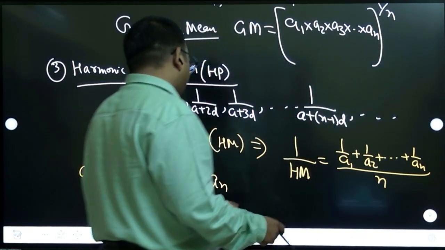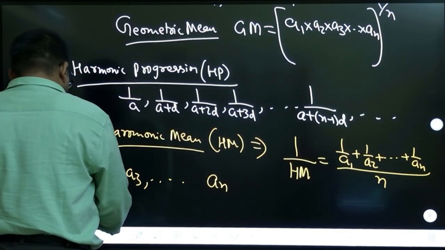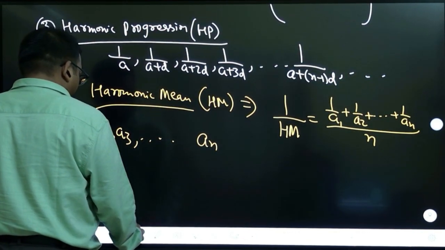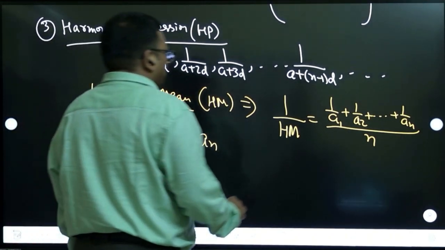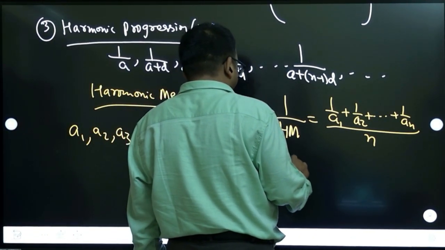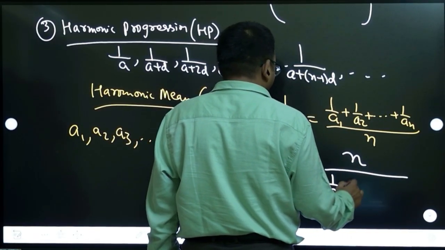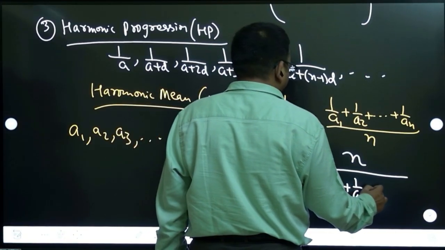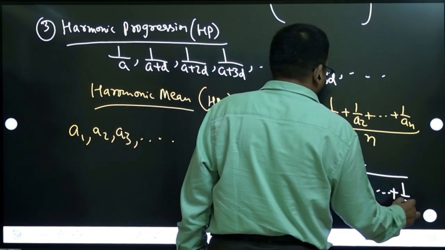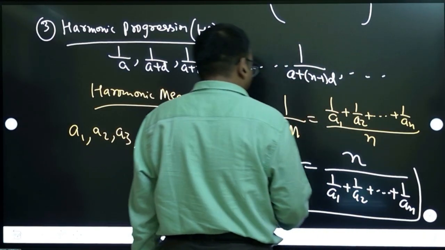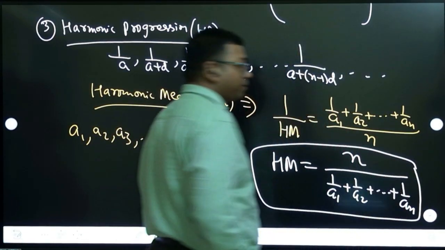Now see how HM will be written: HM equals n divided by 1 by A1 plus 1 by A2 plus dot dot dot plus 1 by AN. This is how harmonic mean can be defined.